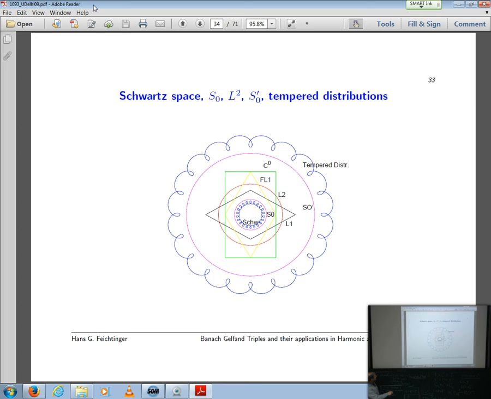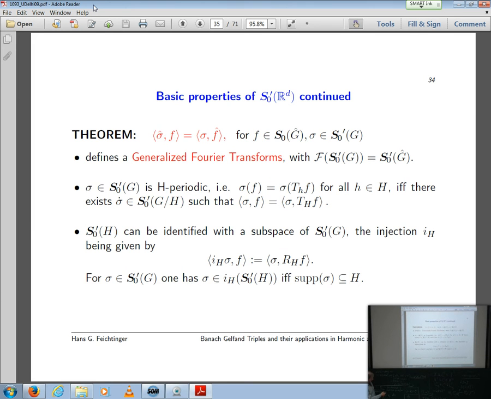But it's inside C0, which is this square here. So somehow, as you see, there is a very nice circle, which is the S0 space, and there is another outer circle. And this location tells you exactly how the spaces are. So the big space is inside the tempered distributions, of course, and so on. Now, how do you define the Fourier transform?